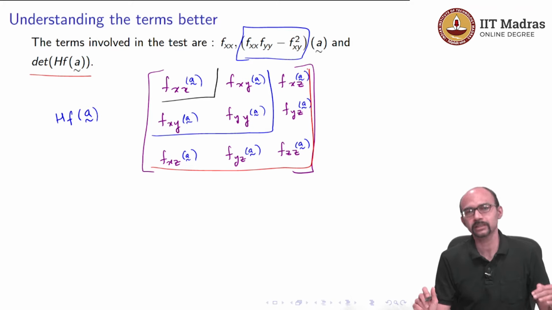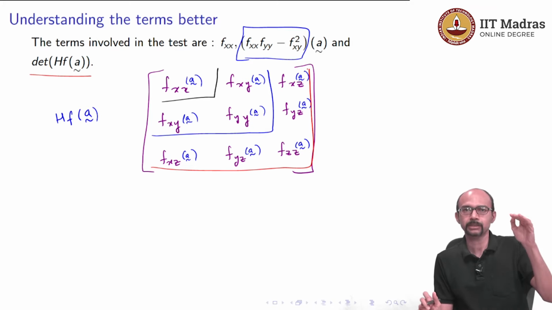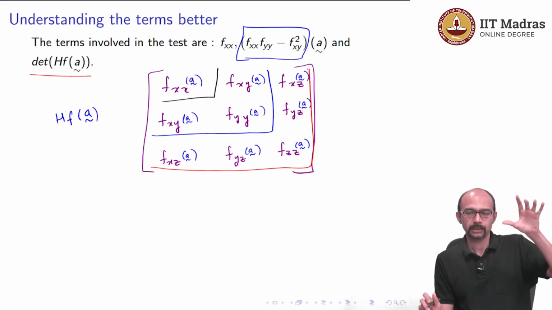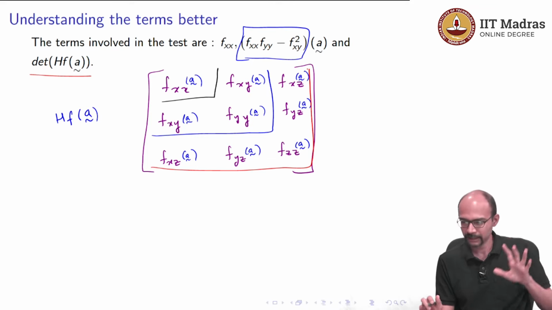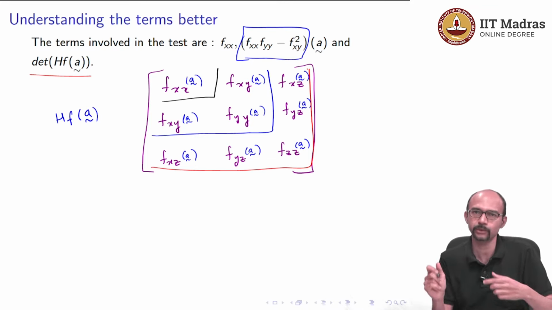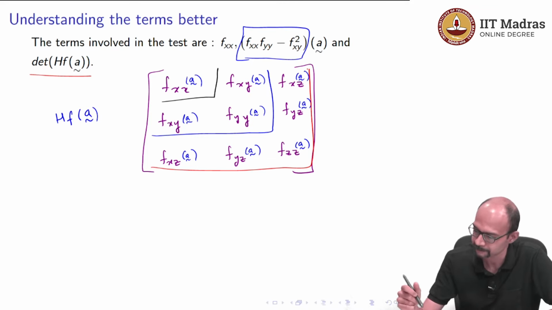So, what we are doing is we are taking the determinants of the top left corner successively larger. So, the 1 by 1, 2 by 2, 3 by 3, and in fact, we can generalize this to n by n.